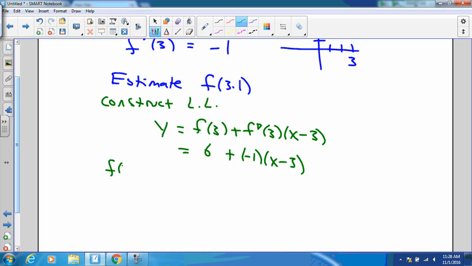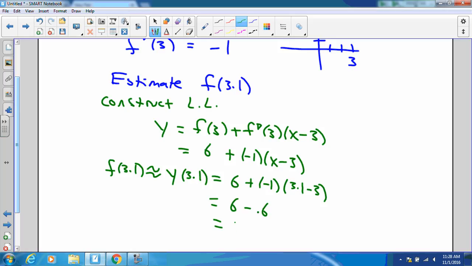And now I can say that f of 3.1 is, here's our local linearization theorem, 6 plus -1 times 3.1 minus 3, which is 6 minus 0.1, which is 5.9.